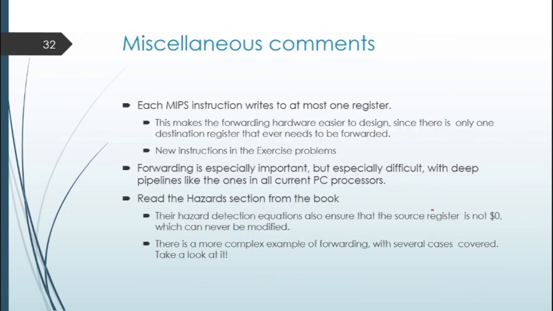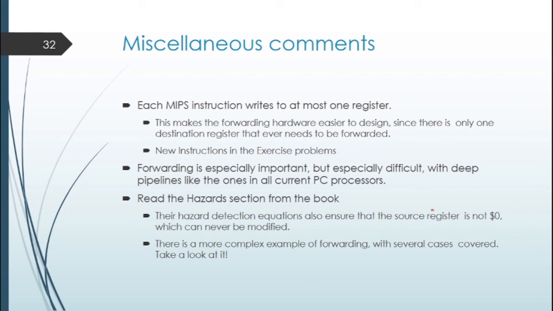Some miscellaneous concepts: each MIPS instruction writes at most one register. It introduces some complexity, but it's still a very simple one. You can check out some new instructions in the exercise. We'll do some examples from the exercise in the discussion as well.